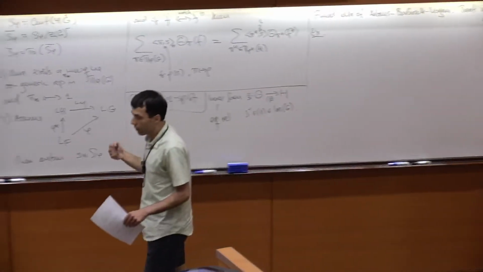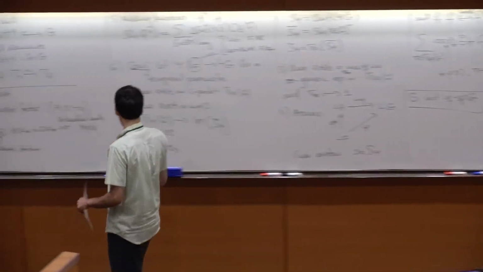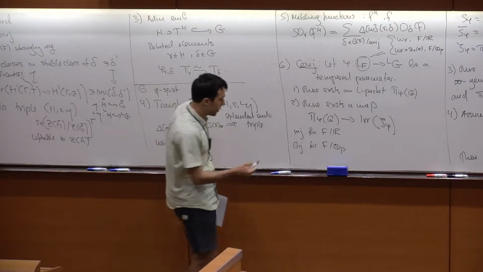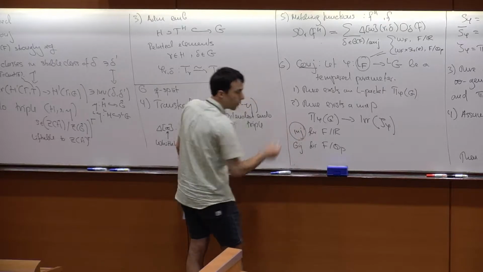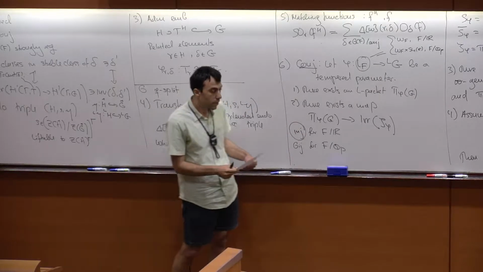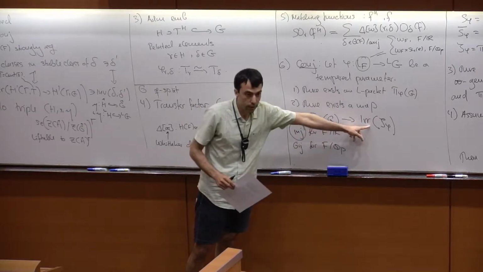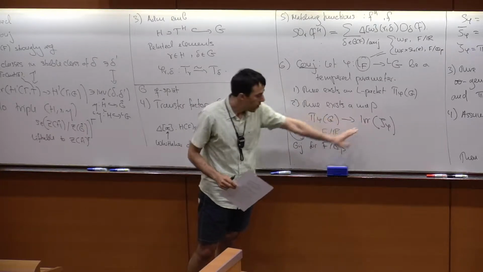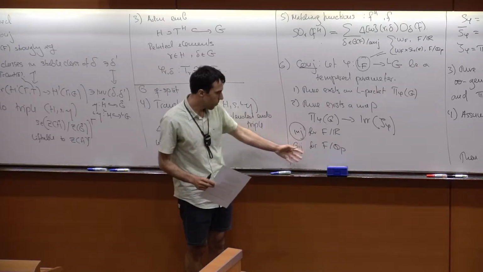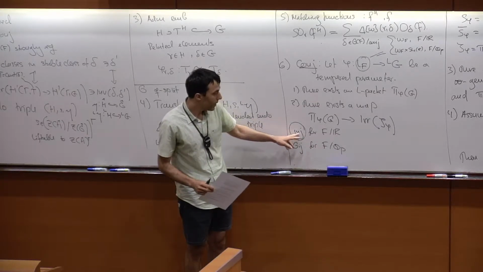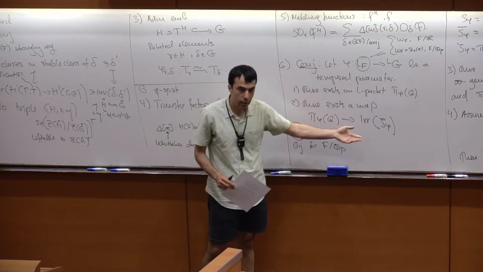And really, the thing that can start you thinking about the fact that something may not be quite right is this adjective here. The fact that you have, in general, only an injection from the L-packet to the set of irreducible representations of the centralizer. When you have a p-adic group, you don't quite see this, but you see other issues. But when you have a real group, already in the quasi-split case, you see something is very strange.